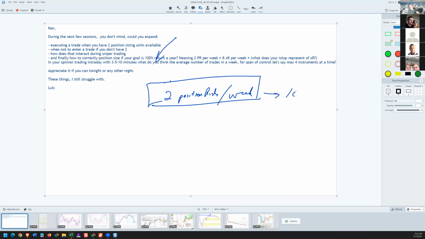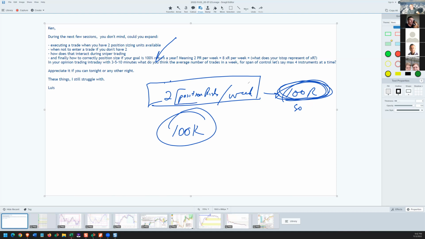If I can net 2, then I can net 100 R in 50 weeks. And now if I'm trying to make 100 grand and I'm going to make 100 R, then that means that my position size, my risk per trade, is going to be something like $1,000 in order to get a weekly R.